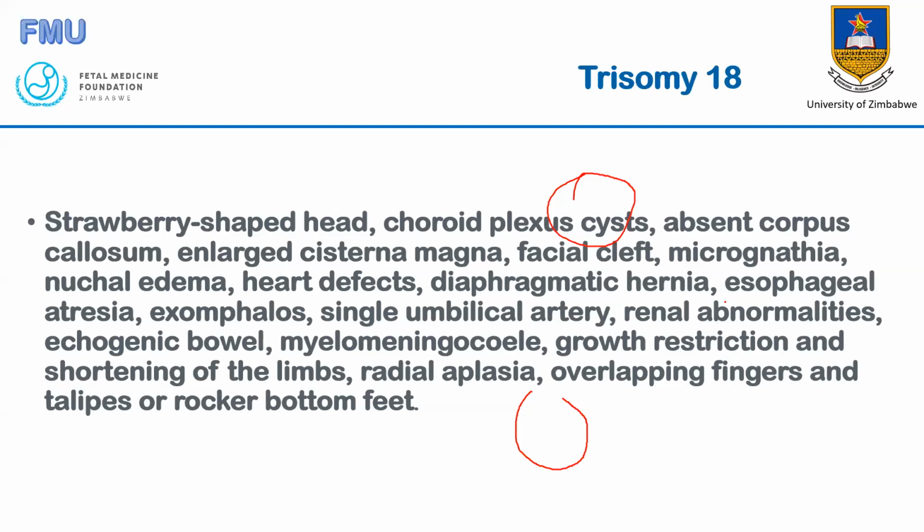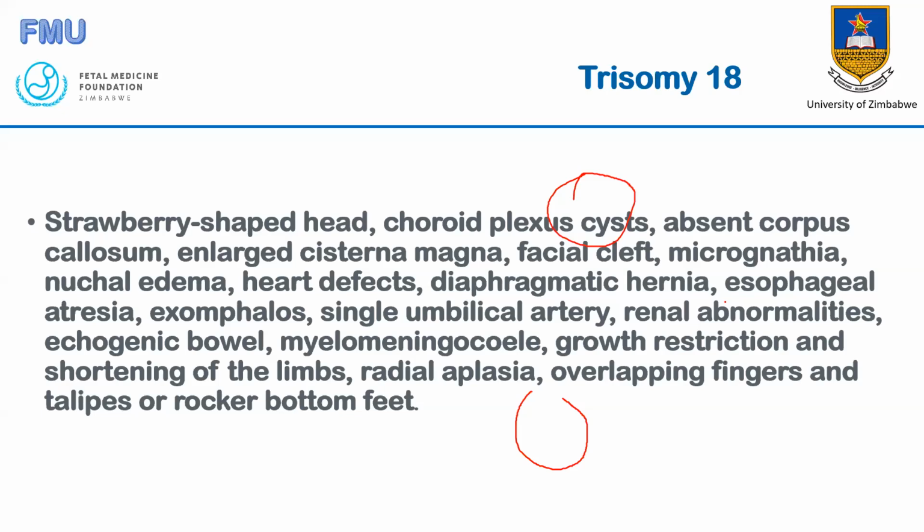Nuchal edema is the same as in Down syndrome, in trisomy 21. Then the heart defects are also present. Diaphragmatic hernia, some of you have seen it, those who participate in the fetal anomaly clinic.